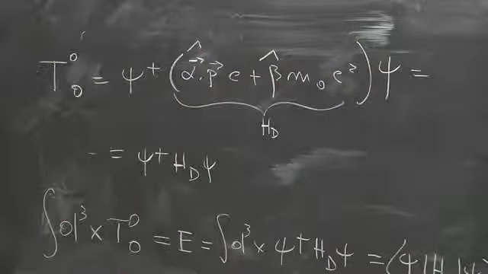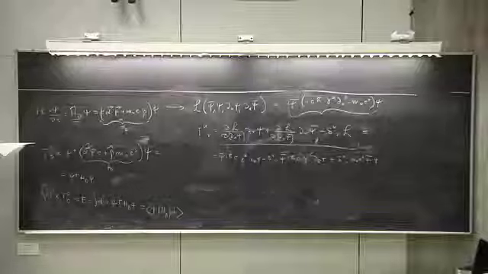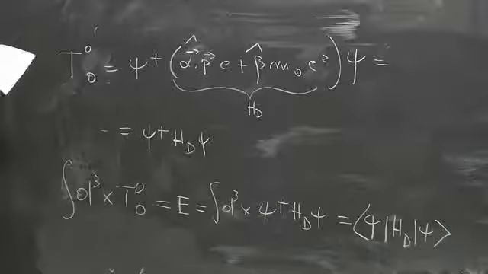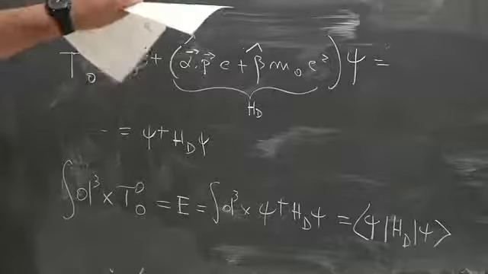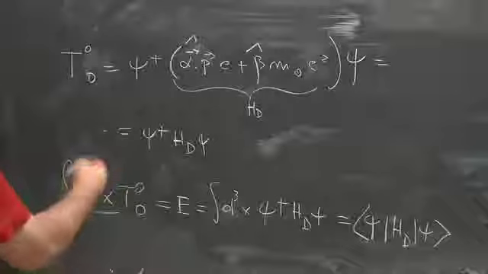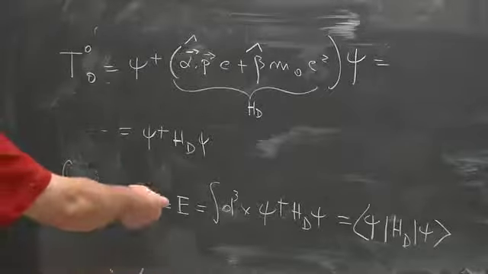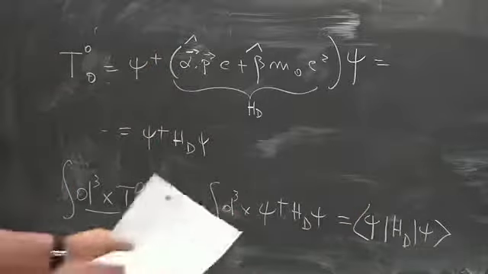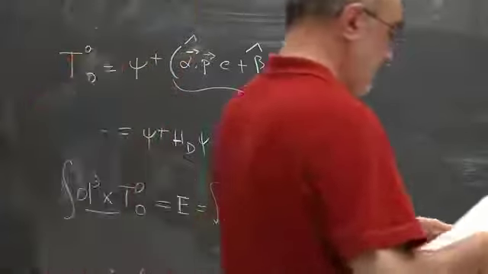So we have proved that interpreting psi as a field, we can build a Lagrangian, we can build an energy momentum tensor. Out of that, we can get the energy density, that is the T00 component. And then if we integrate the energy density, we should get the total energy. Is it true? Yes. We get an object that is exactly the expectation value of the Hamiltonian, so everything fits.